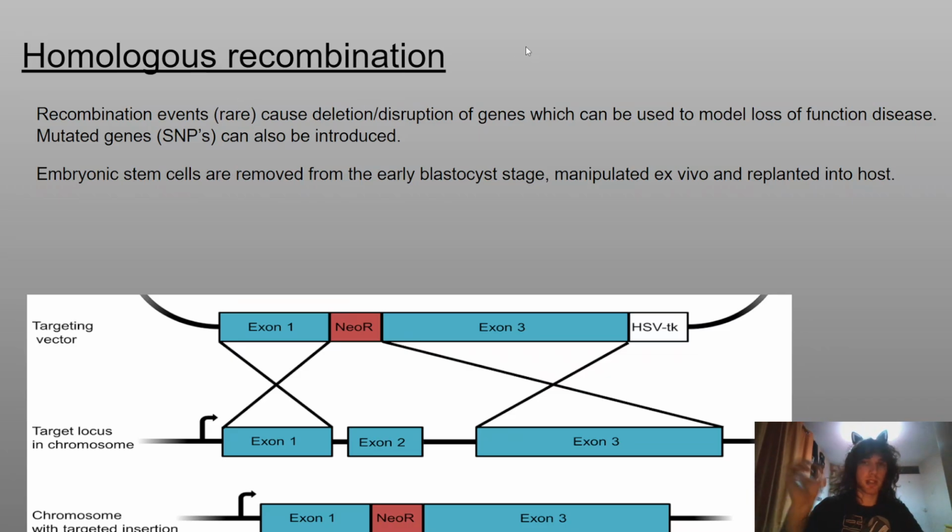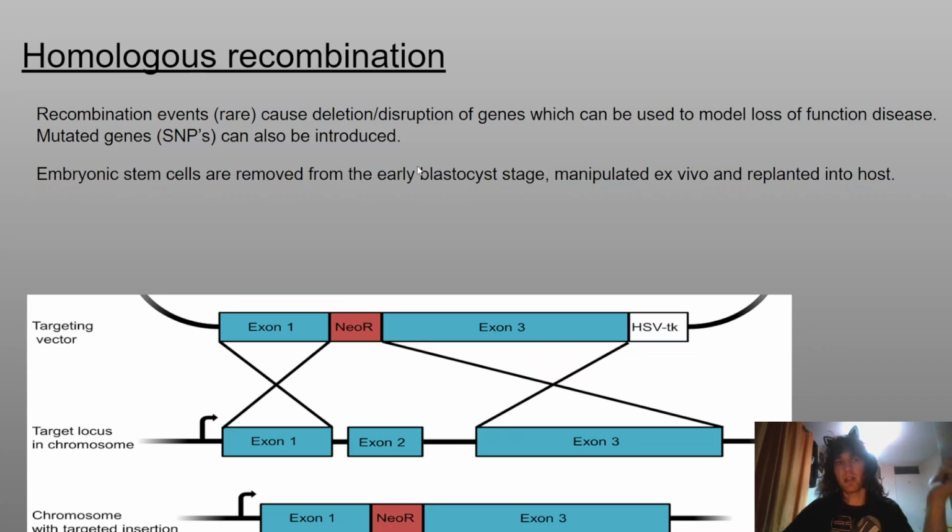Normally, it's just sister chromatid exchange during meiosis, where the same parts of the DNA exchange information. This causes deletion or disruption of the genes, which you can model loss of function for. Or you can introduce mutated genes in your specific locus.